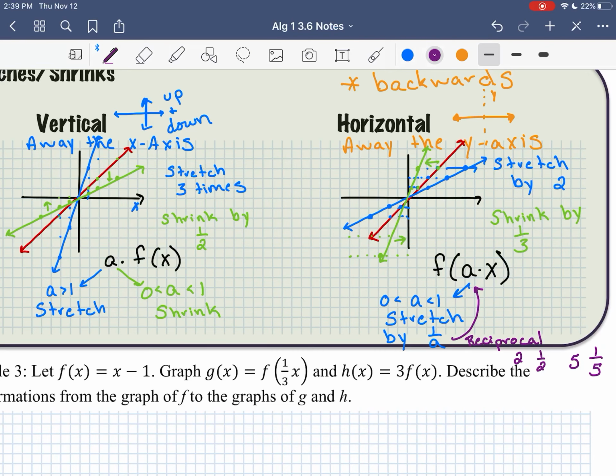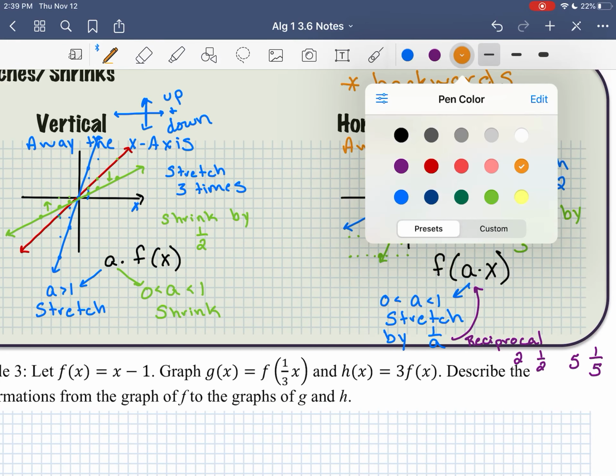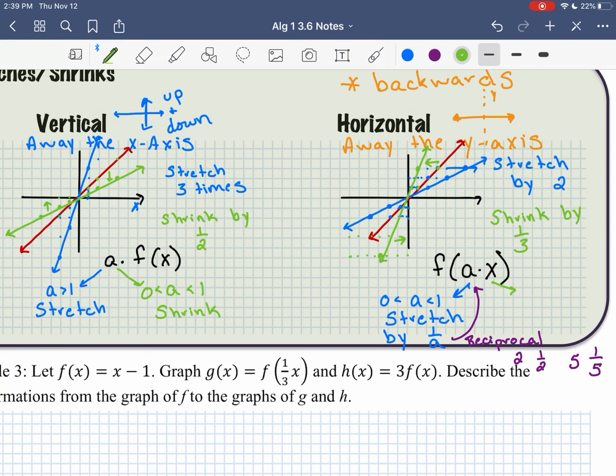Okay, so it'll show up as the reciprocal. Now if I want to do a shrink, this is if a is greater than 1, it's going to be a shrink by 1 over a. So over here with vertical, if it's a 5, it's a stretch by 5. If it's a shrink, if it's 1/3, it's a shrink by 1/3. Over here, it works backwards.